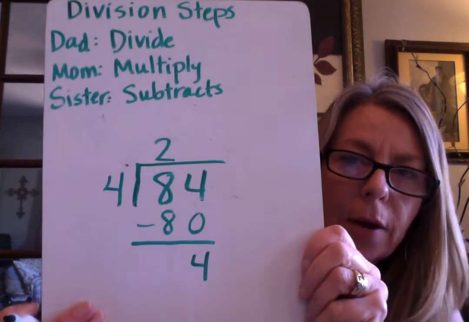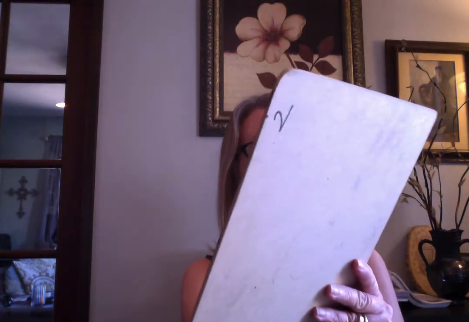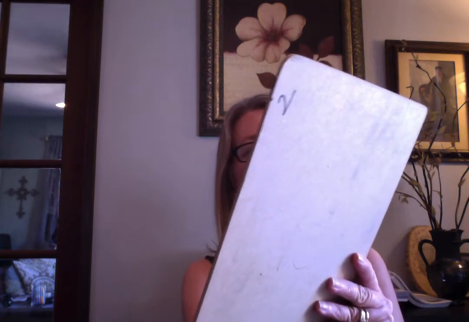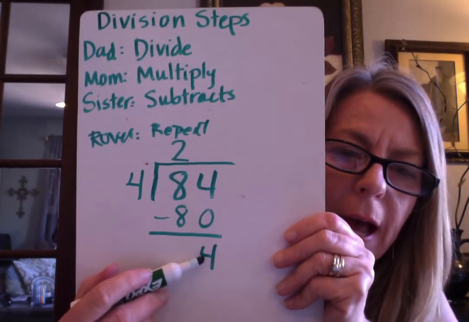All right, so now we want to repeat, okay? So Rover gets to come in here today. Okay, so Rover's going to repeat. So what we're going to do now is we're going to divide these ones.